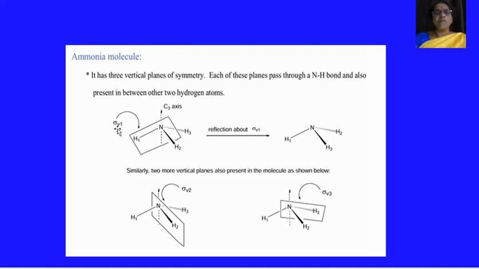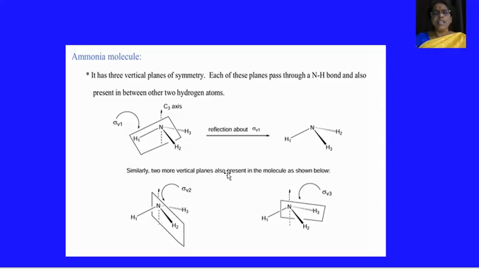Therefore, the first sigma v is a plane containing the principal axis, nitrogen and hydrogen 1. When we reflect through this, nitrogen and H1 do not change their position, but H2 and H3 shift their positions. 2 will come here, 3 will come here, giving an equivalent configuration.